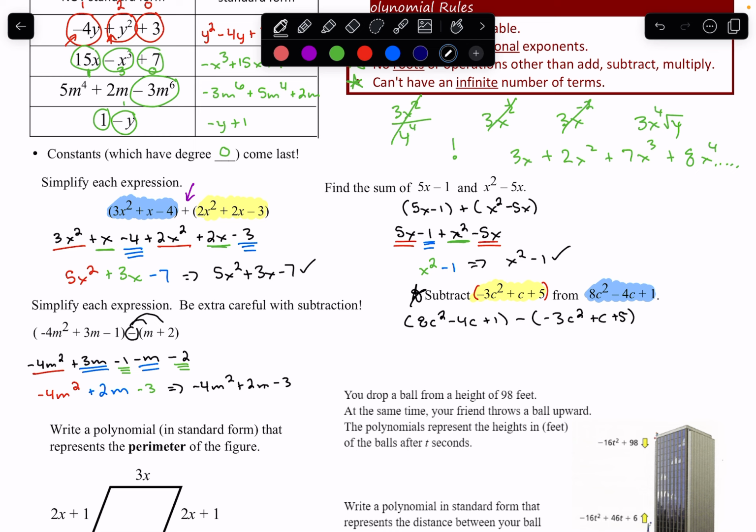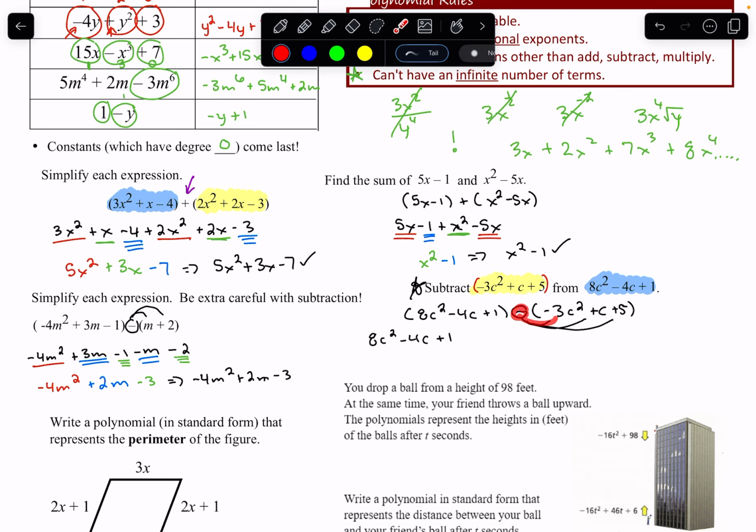So this negative gets distributed to everything that comes after it, all of those terms. So 8c squared is the same, minus 4c is the same, plus 1 is the same. This negative becomes positive 3c squared.